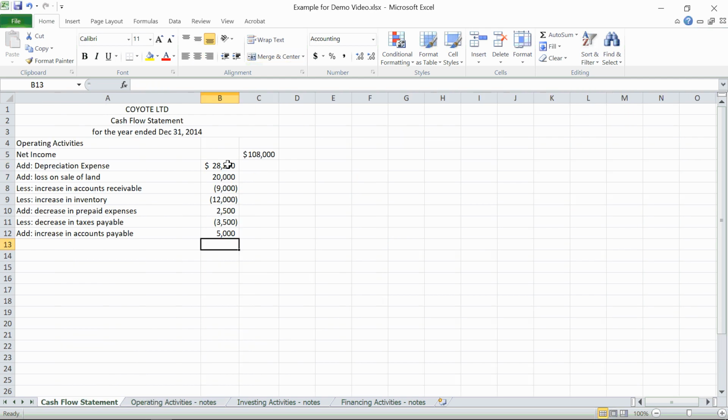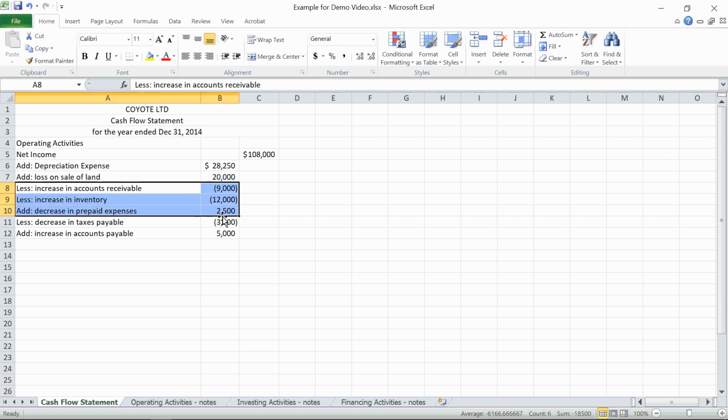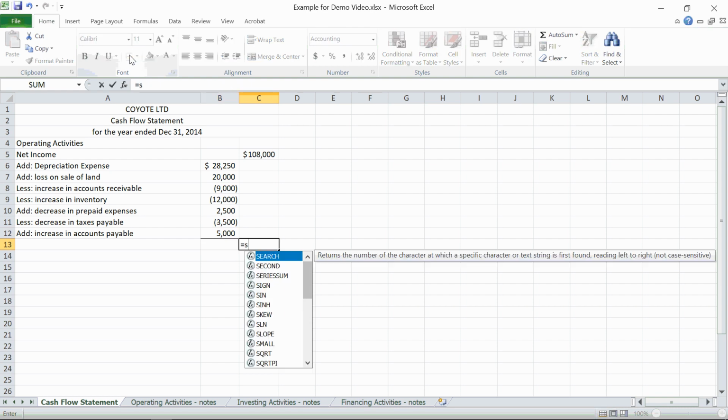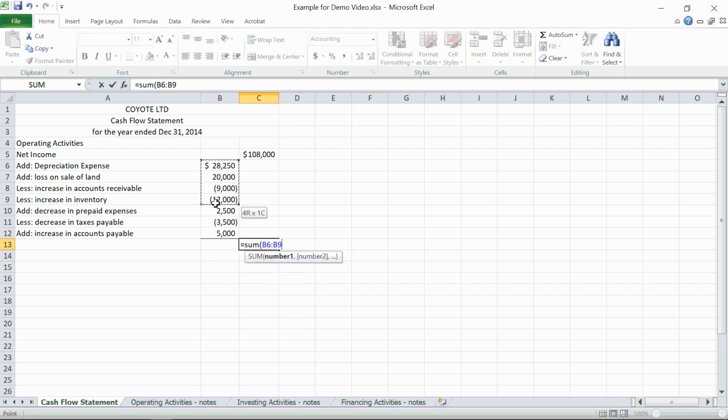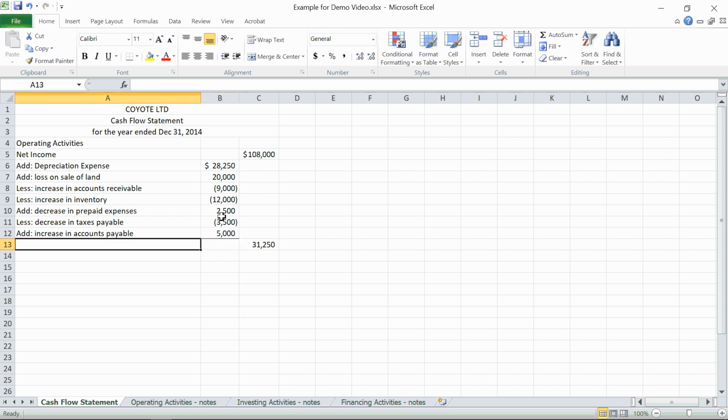So now that I have eliminated the effect of non-cash items and dealt with the changes in current assets and current liabilities, I'm going to add up the net effect of those adjustments. And I get a positive number, so this is now called cash.